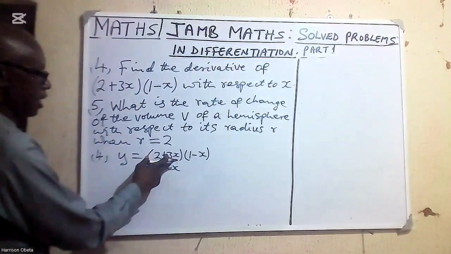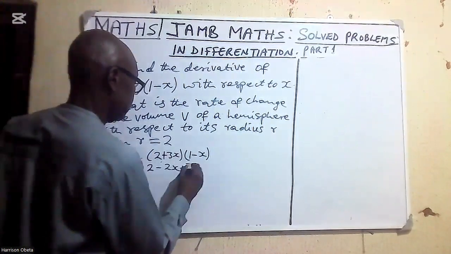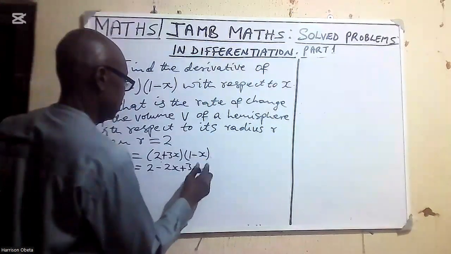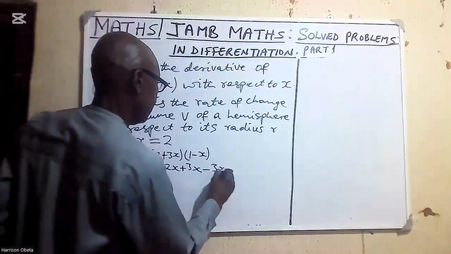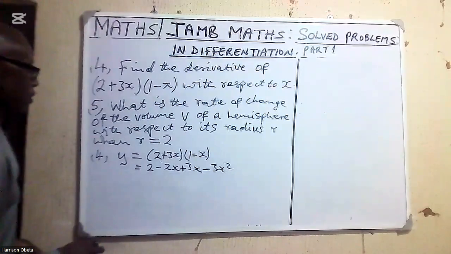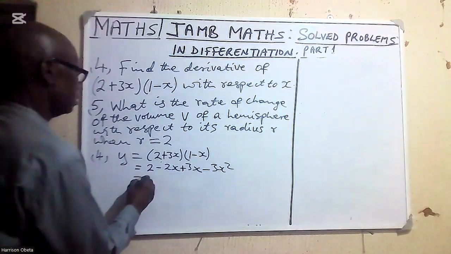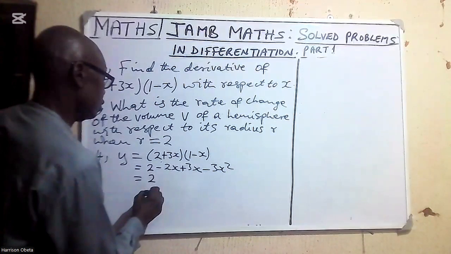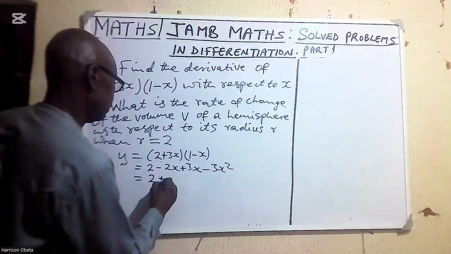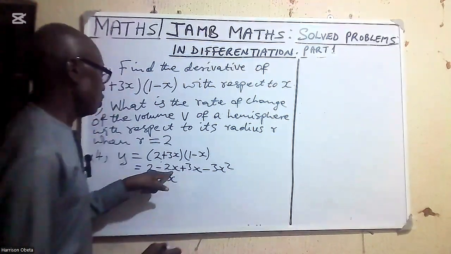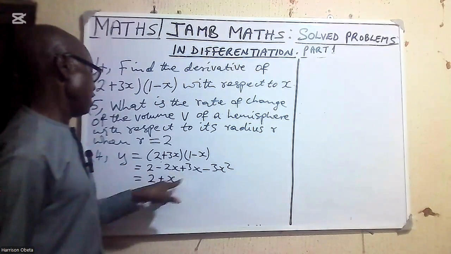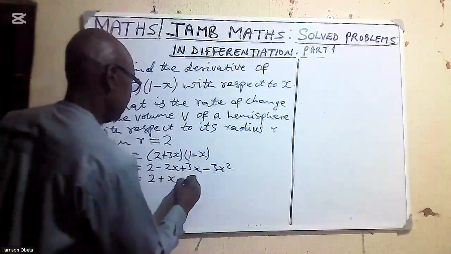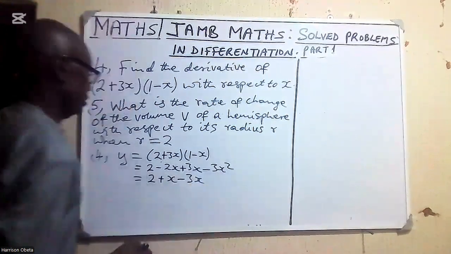Then taking 3x, plus 3x minus 3x squared. So that means we're now collecting like terms. That should give us 2 plus x, because minus 2x plus 3x will give us x, minus 3x squared.